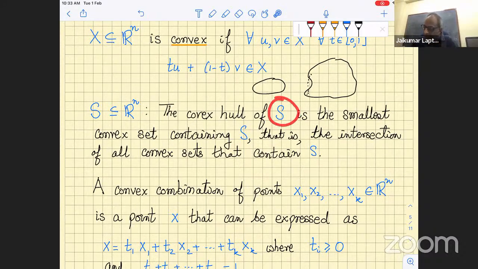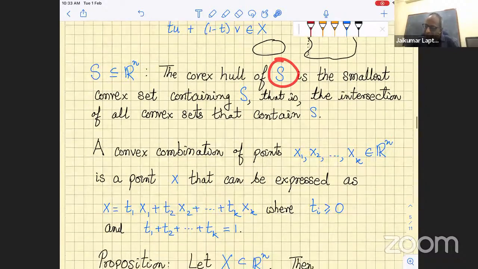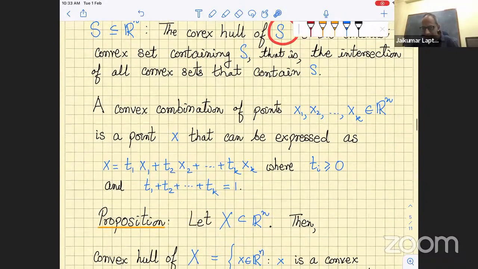The other way of defining the convex hull goes through what is called convex combination. You are used to linear combination already. We put one more restriction in linear combination. So you have some k points. A convex combination of these k points is a linear combination where the coefficients have to satisfy a certain restriction.